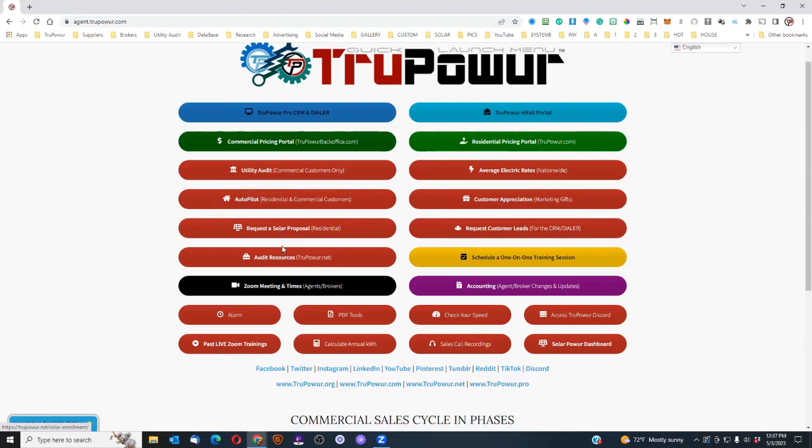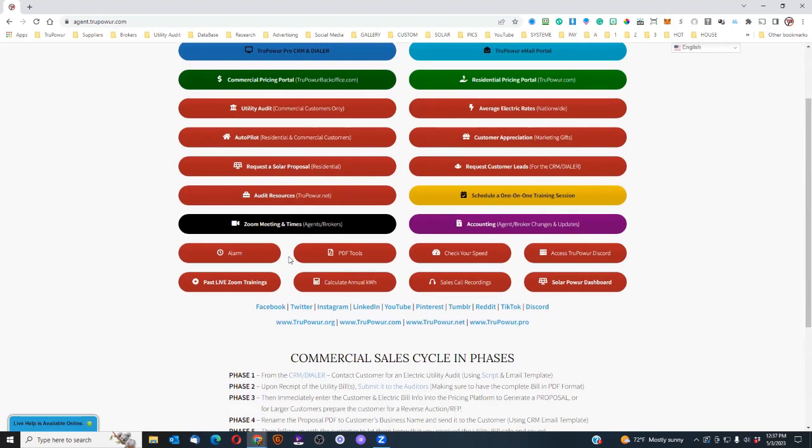Now, since you are part of TruPowur, if you do decide to go that route and pay the additional $85 platform cost, I don't own Powur. Uniquely, they're spelled a little bit the same, but they are one of our suppliers. It's not required that you have it. It's a good idea. But if you decide to go that route, then we will actually credit your agent or broker license the $85.